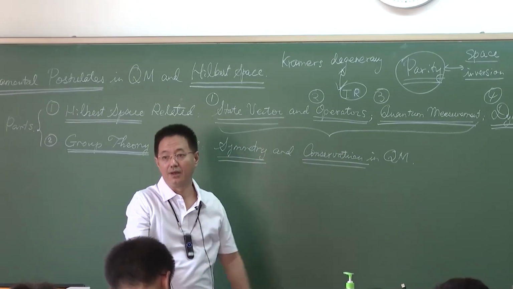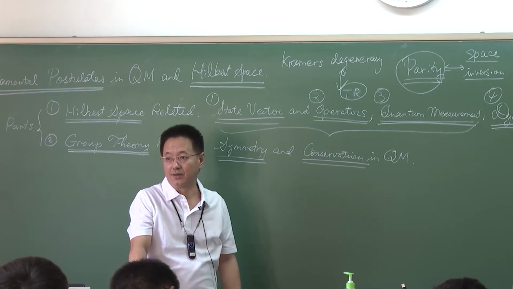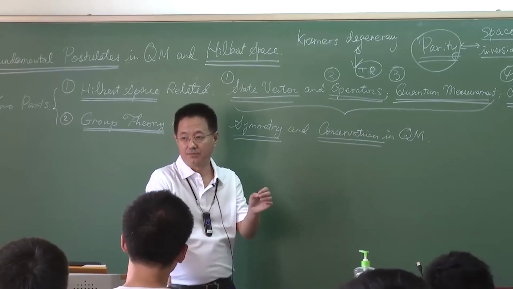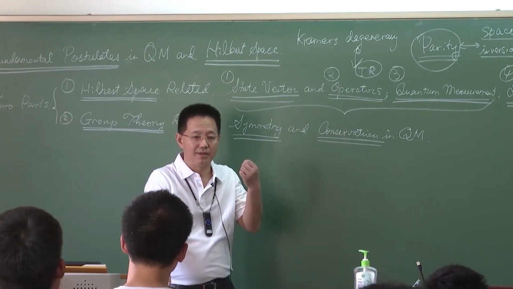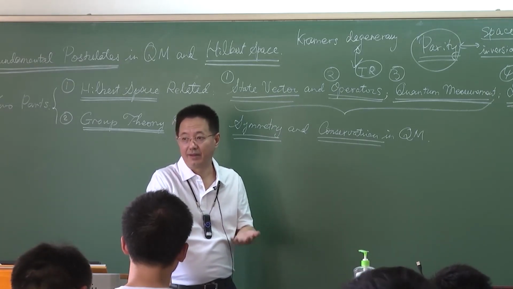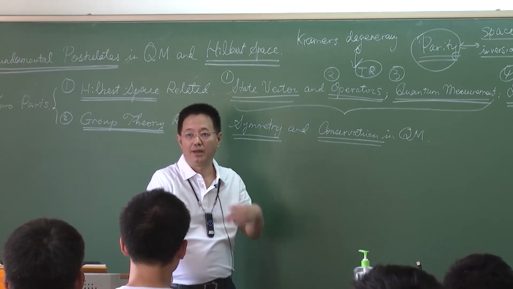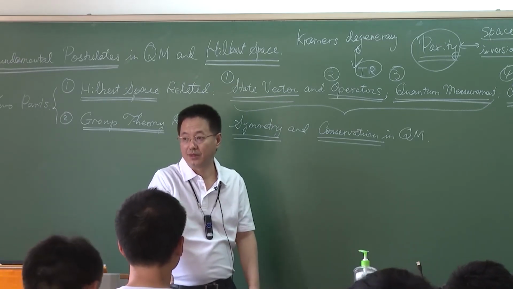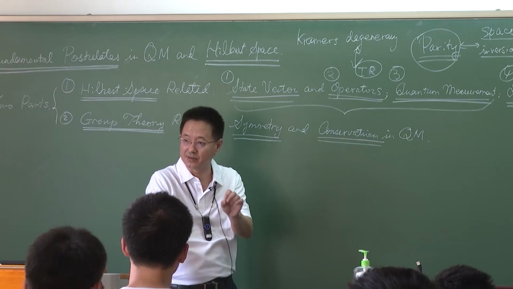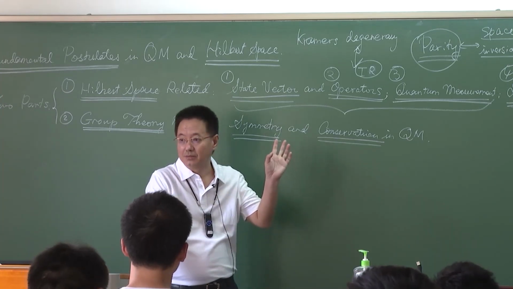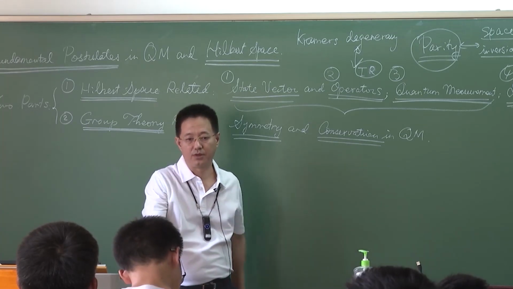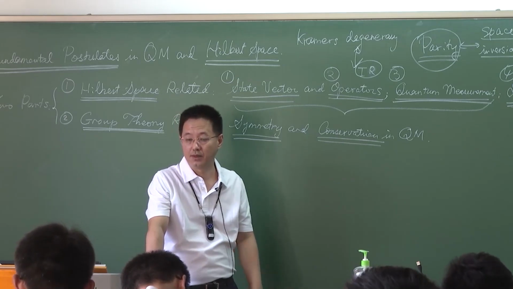And then you get this kind of degeneracy, that is called the Kramers degeneracy. That happens for systems, for example atoms with the angular momentum spin being a half integer, and then with time reversal, you have the Kramers degeneracy. But if the spin of your system is an integer, you don't have this. If the spin of your system is a half integer, you have the Kramers degeneracy due to the time reversal symmetry.